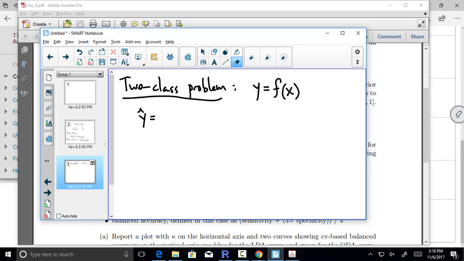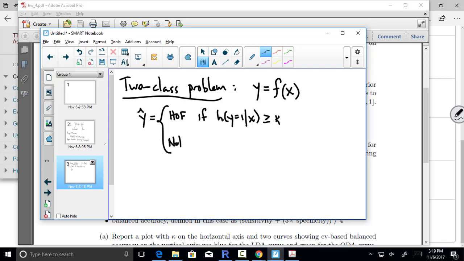So actually, we're going to do something a little more generic. We're going to say y hat equals Hall of Fame if the posterior probability of Hall of Fame, given the data, is bigger than or equal to some threshold, and it's not Hall of Fame otherwise.